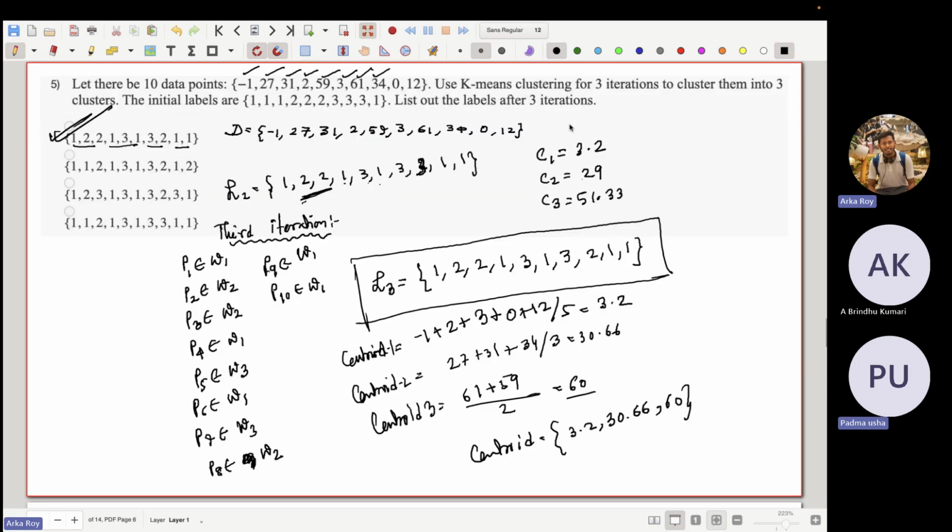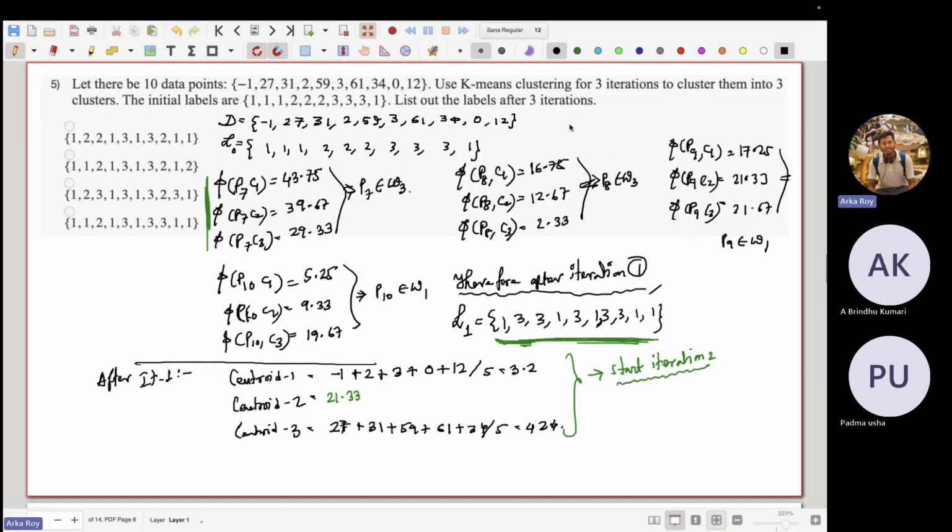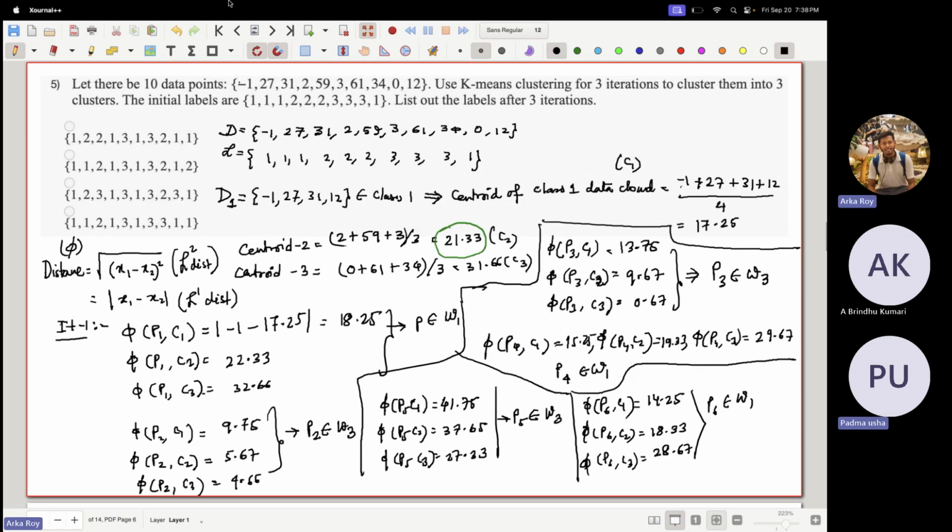In the previous question, they actually had given the initial labels, and based on the initial labels, we started calculating the centroids. So you are correctly asking what if the initial labels were not given? In that condition, we would not be able to calculate the centroids.